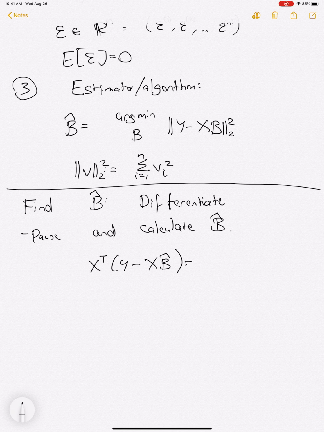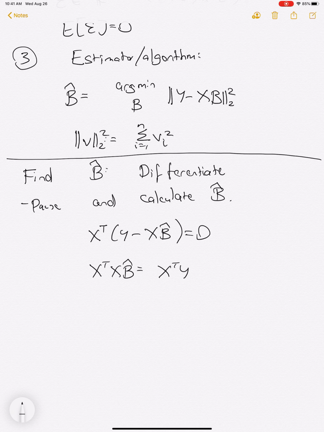Again, if it's not clear to you how to do this, and it's perfectly understandable that it isn't, I would spend some time going through this yourself. Hopefully you got to this nice, clean way of expressing it. What that gives you is the expression X transpose X beta hat is equal to X transpose y.